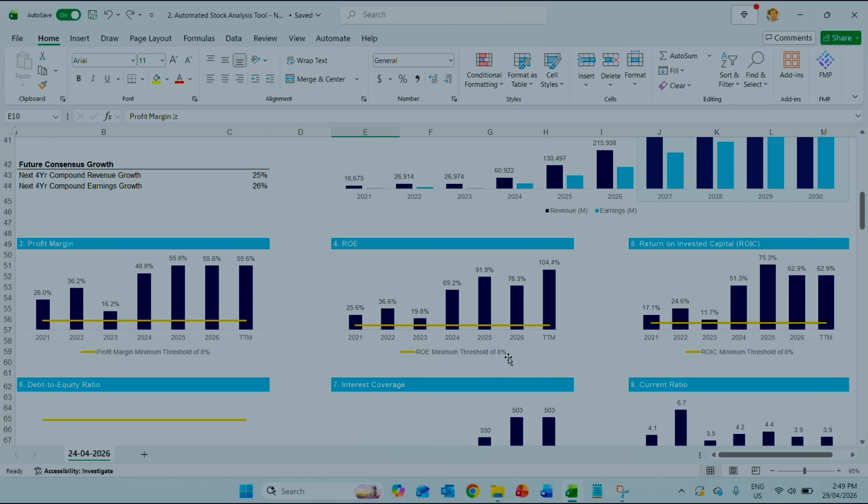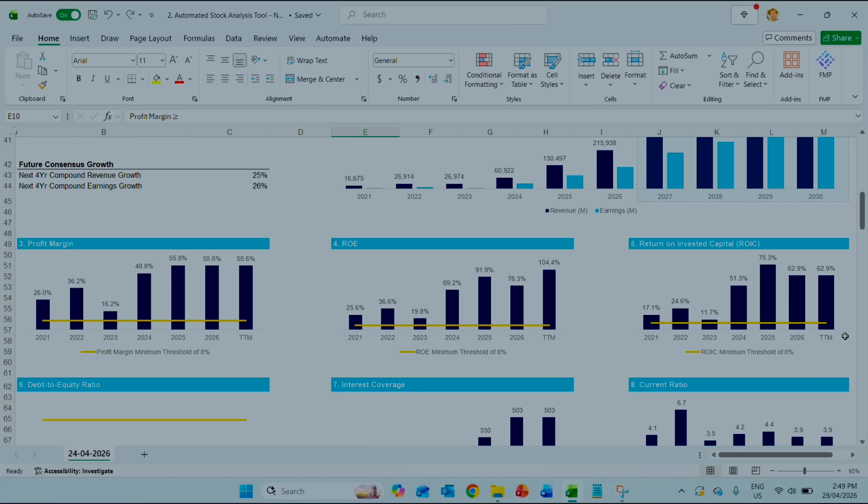Return on equity, we want a minimum of 8% at the very least, and we've got way over that. And not only that, but we can see a trend that tends to go up a lot. 25% in 2021, 76% in 2026. Great numbers again.